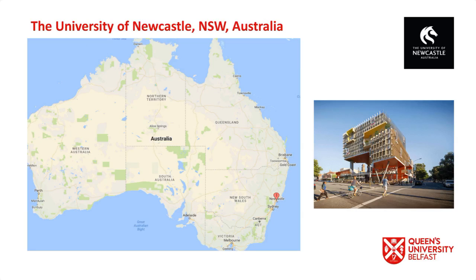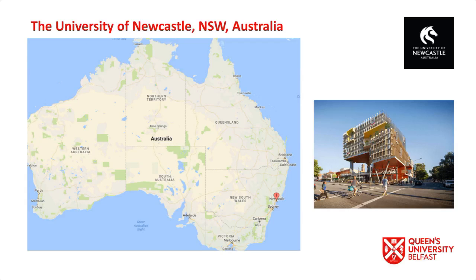Newcastle itself has a population of just over 500,000 people, 550,000, and has the usual city facilities: restaurants, cafes, parks, gardens, theatres, art galleries, nightclubs. And a few kilometres south is Australia's largest seaboard lake, Lake Macquarie, which is the scene of many international sailing events. So if anybody's into sailing or water sports, I think it's definitely one to consider.